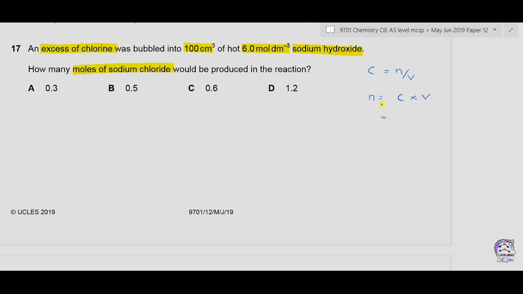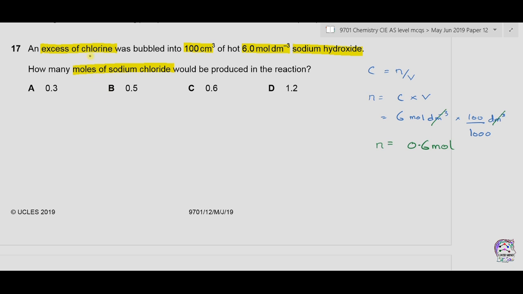So concentration is given, it is 6 mole per decimeter cube. Volume is 100 cm³, or we can convert it into decimeter cube. It will be 100 divided by 1000 decimeter cube. Decimeter cube will cancel out with decimeter cube, so the answer is 0.6 moles.